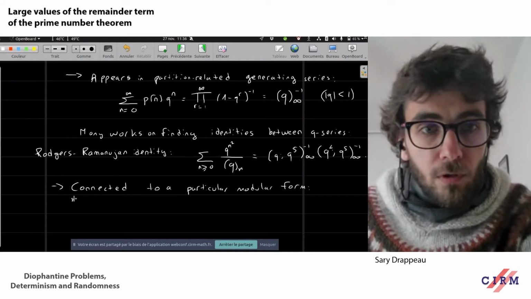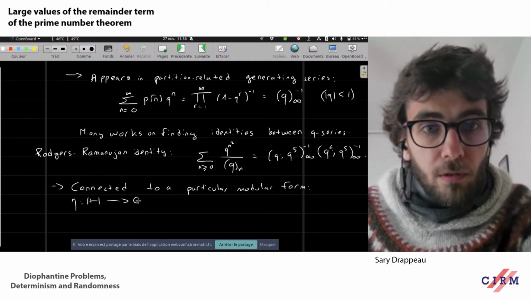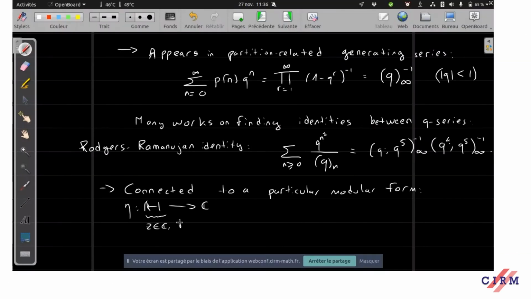It's a function eta defined on the upper half plane, so z with imaginary part bigger than 0, which is e of z over 24 times the Pochhammer symbol extended with n going to infinity. And e of z here is the one-periodic exponential function, e to the 2 pi i z.